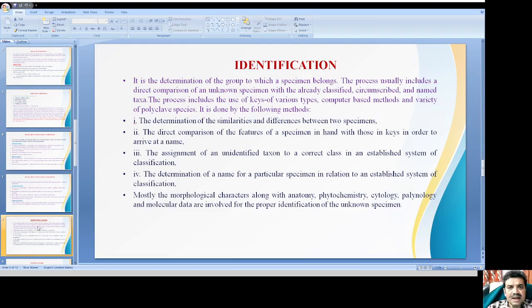Now, as far as identification is concerned, the different characters are chosen, and here 4 important attributes are taken into account.